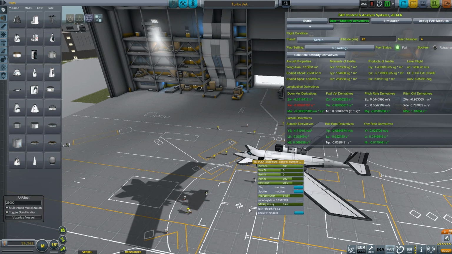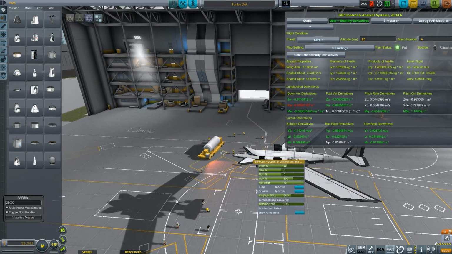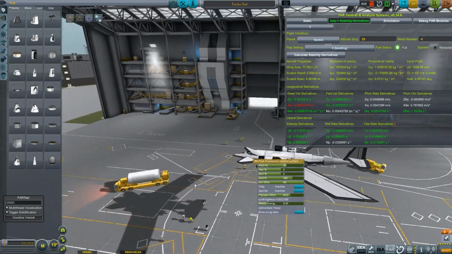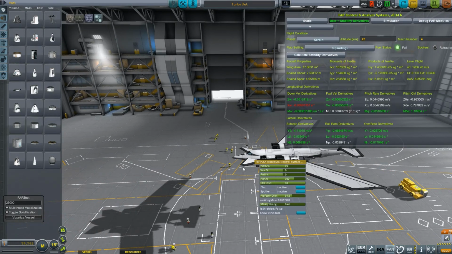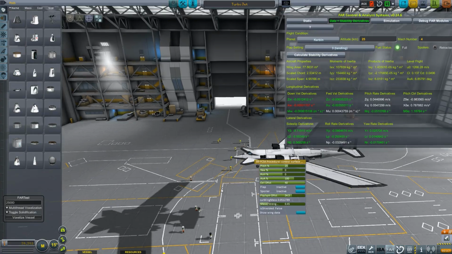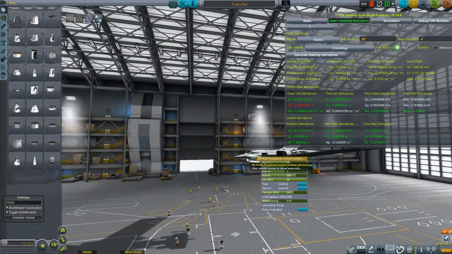For instance, if I wanted this to have the full range of up to a 40-degree angle of attack, then I could drop the pitch down to, say, 25%. And that would let me pitch this up to 10 degrees from the angle of attack.